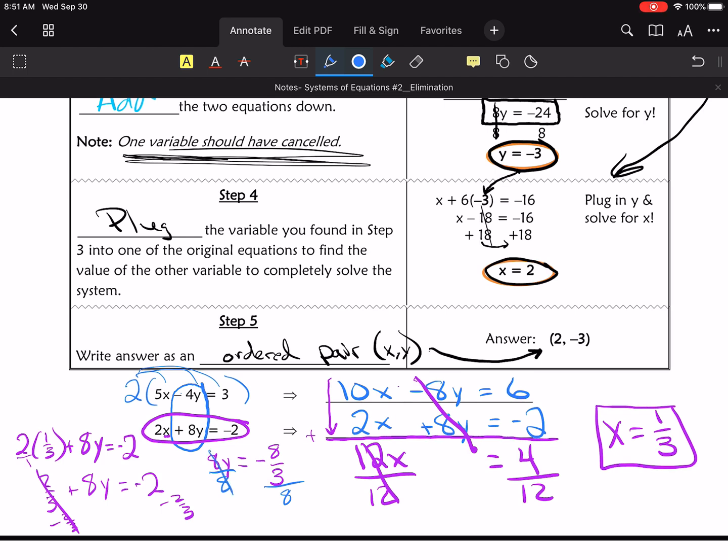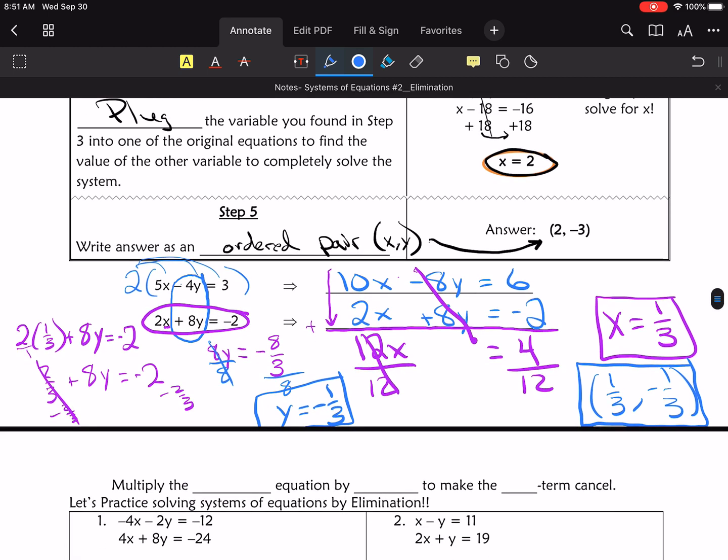And again, punching that in the calculator, I would get y equals -1/3. Now, generally, we won't give you problems that have fractions, okay? But again, if there are fractions, just use your Desmos calculator, right? It'll do the fraction stuff for you. So my final answer, 1/3, comma, -1/3.